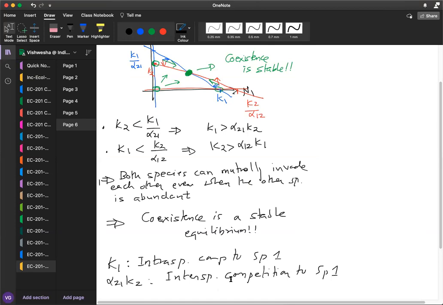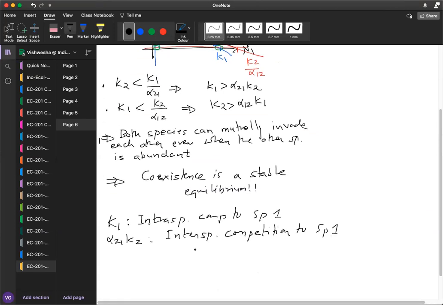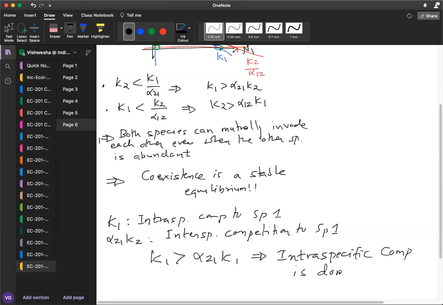So basically K1 greater than alpha 21 K2 implies that intraspecific competition is dominant. And that's true for both 1 and 2. Okay. And when that happens, both the species will coexist.